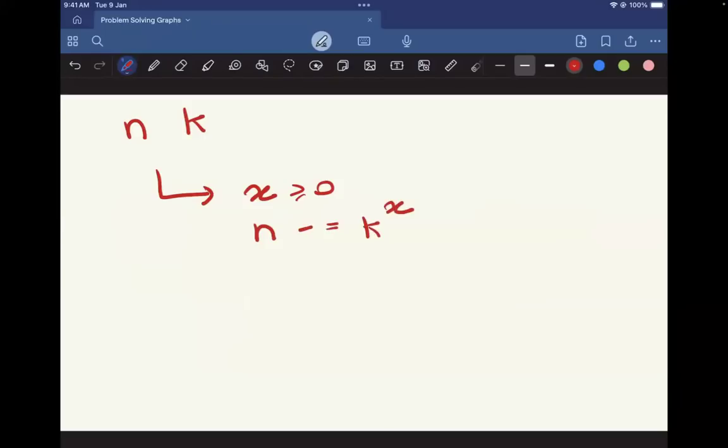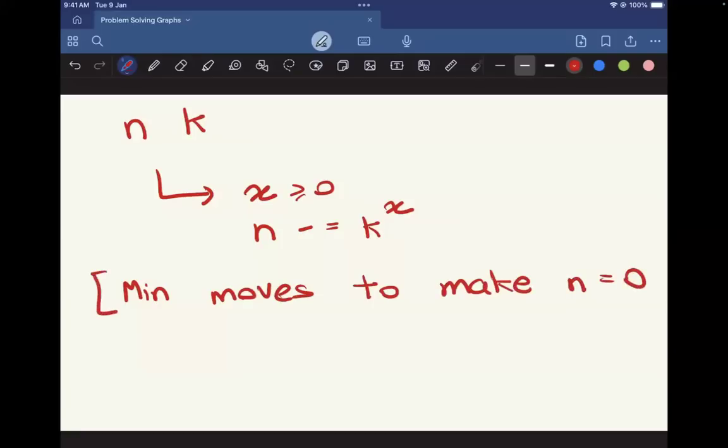The only condition is this, and what do we want to do? We want to find the minimum number of moves to make n equal to 0. Okay, guys, this is what the problem says. So, guys, is the problem statement clear?